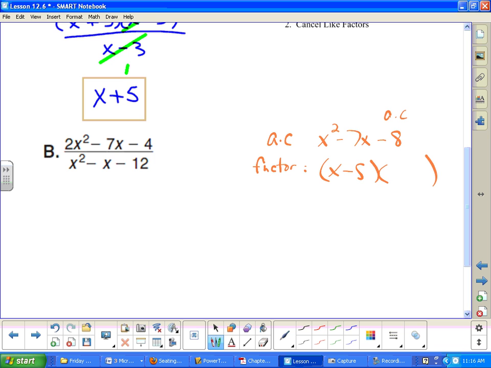X minus 8 and x plus 1. Okay, we factor it. The next thing we're going to do is divide the constants by a. So we're going to do x minus 8 divided by 2 and x plus 1 divided by 2.